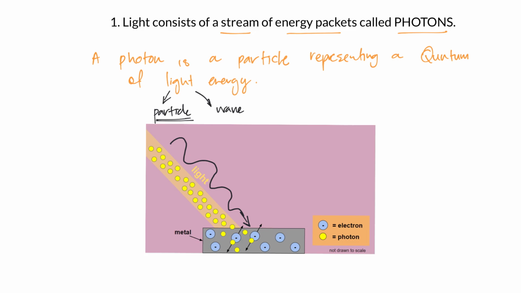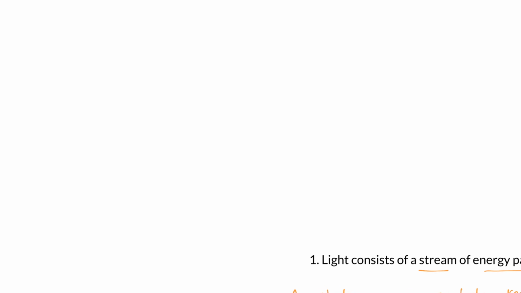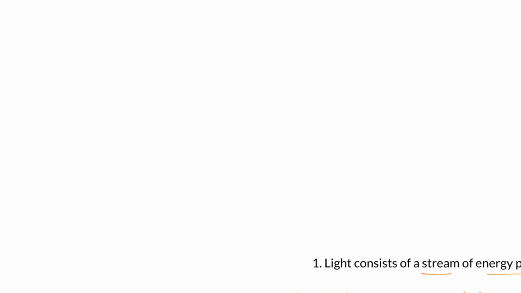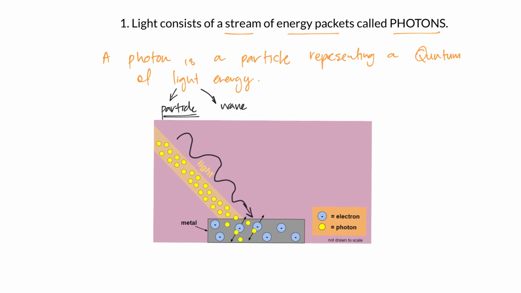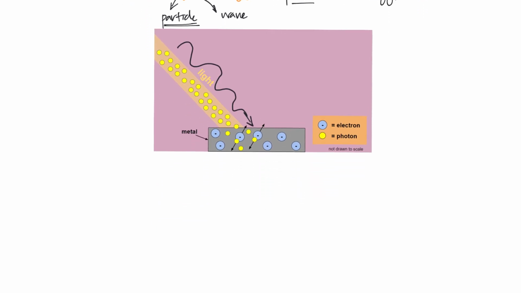Please get this diagram into your book so that you understand what we mean by light is a photon representing a quantum of light energy. We can even call it a packet of energy. A packet. So it has some sort of physicalness to it. It has, like we've seen in the previous, the properties, it has some sort of mass to it.